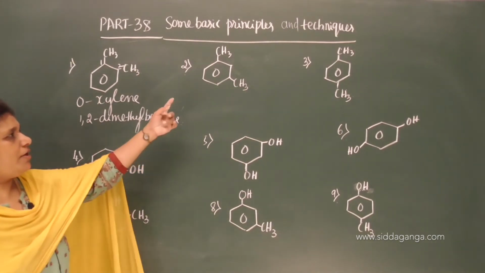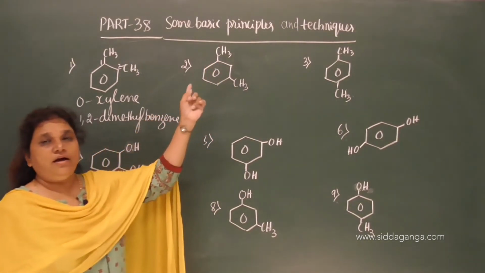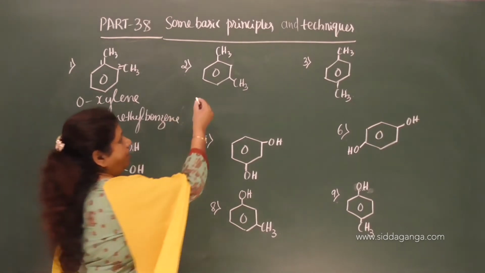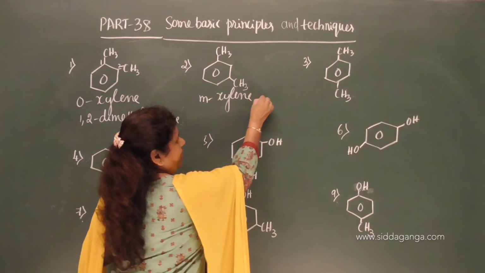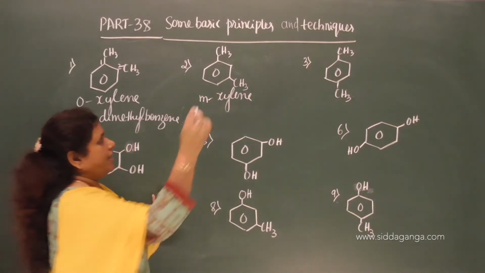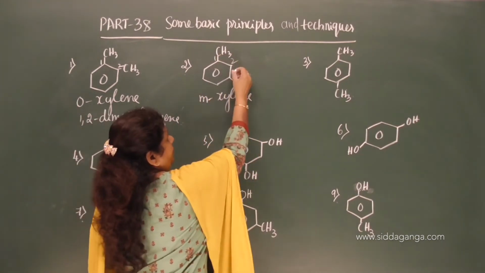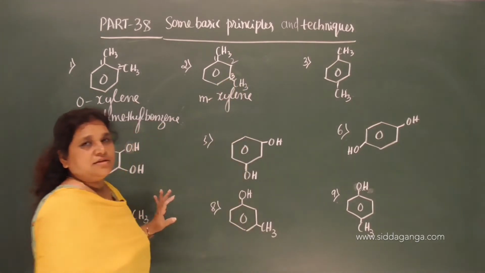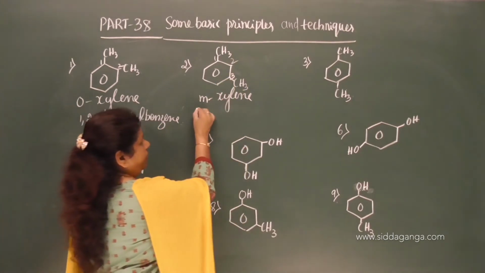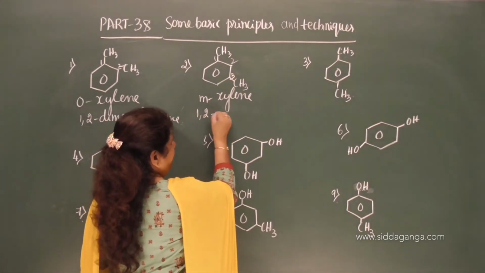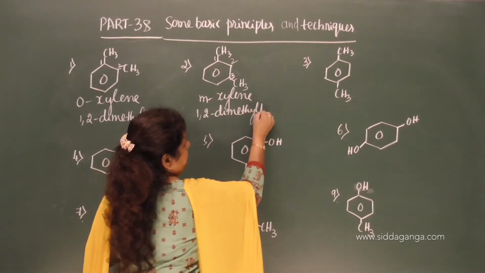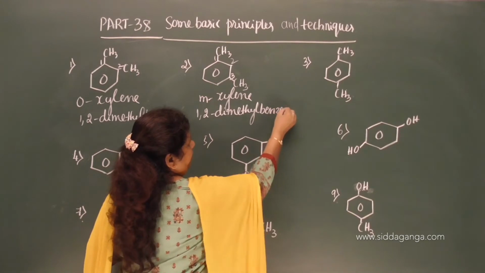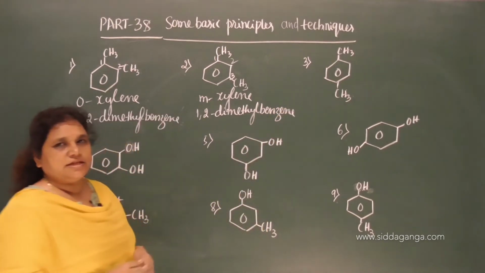Now when two methyl groups are on the alternate carbon atoms, then you can call it metaxylene, m-xylene. And here 1, 2, 3. On first and third carbon, we have methyl group. Therefore, 1,3-dimethyl benzene. Clear?